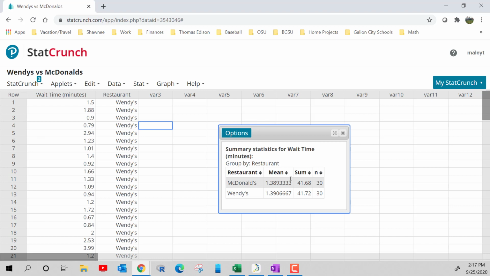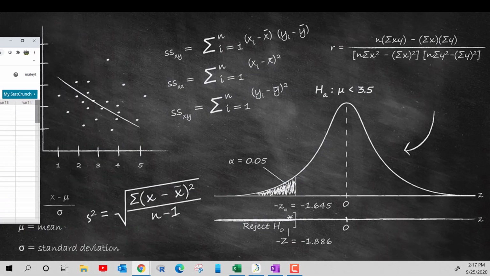You can see in the table we have 30 cases for each, and here are the sums. If I take the sum divided by n, that gives me the means. The mean McDonald's wait time is 1.389 minutes, and Wendy's is roughly 1.391.